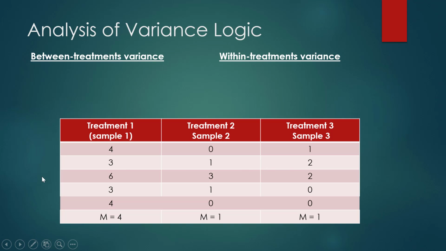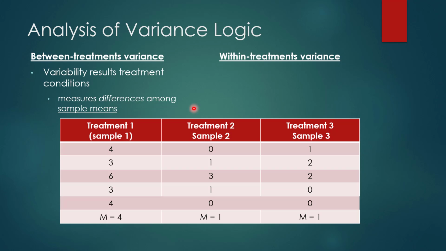For our between treatments variance, we're looking at the variability that results from the treatment conditions. Here's one treatment, here's another treatment, and here's a third treatment. It measures the differences among the sample means. How much difference is there between the mean of treatment 1, treatment 2, and treatment 3? Within treatment variance looks at the variability within each sample. How much variability do we have in sample 1?